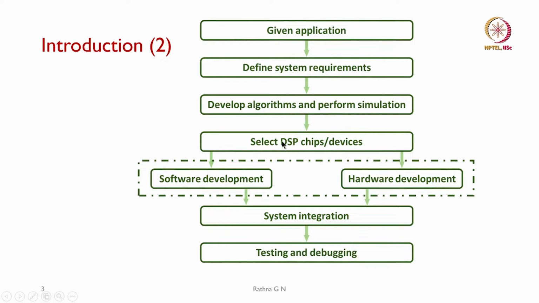Then, if we are using a DSP processor, we have to select which DSP chip or devices to use. If you have your own design, you can do it in VLSI or in FPGA. Most applications we want to try on field programmable gate arrays, and if there is a requirement for a large number of units, then we can go in for the VLSI design.